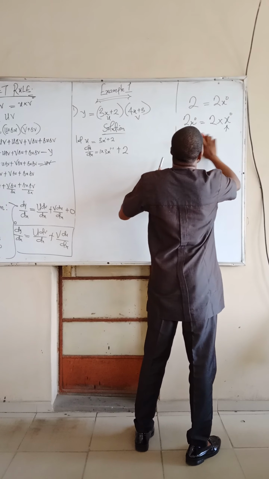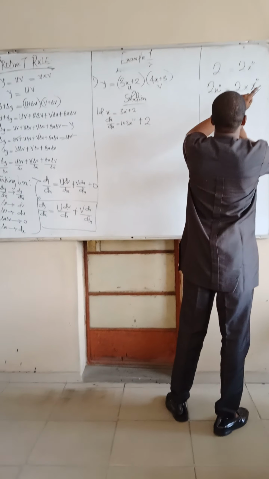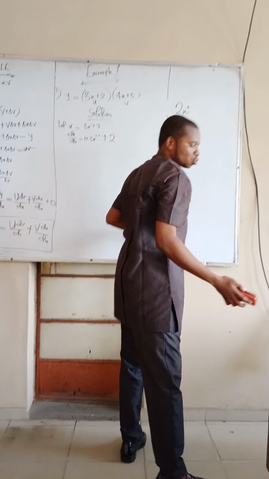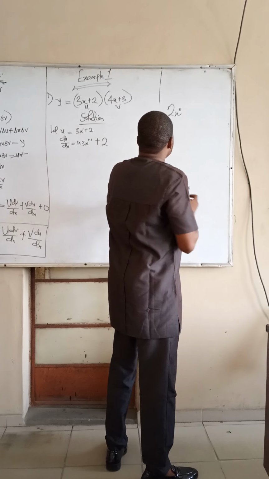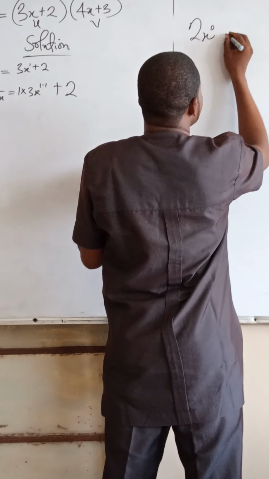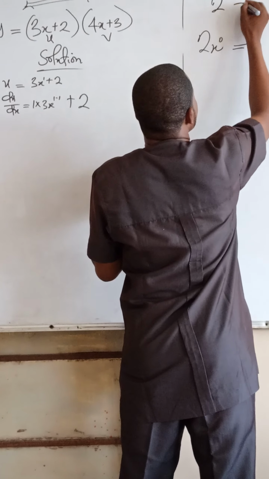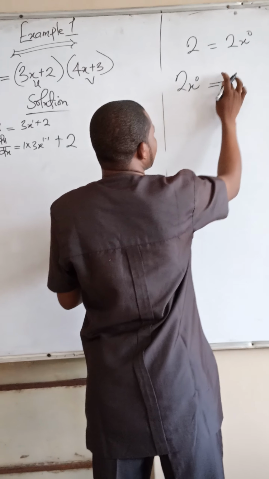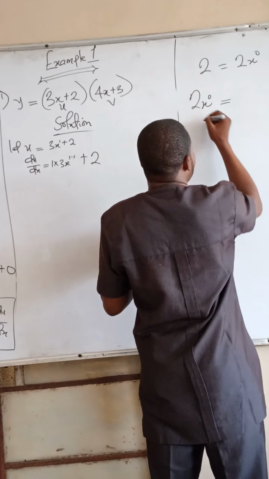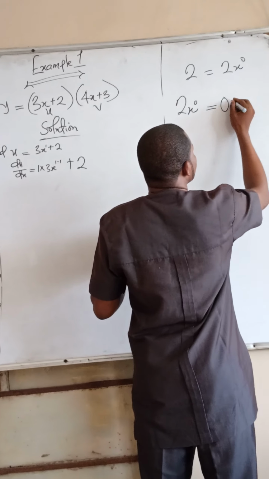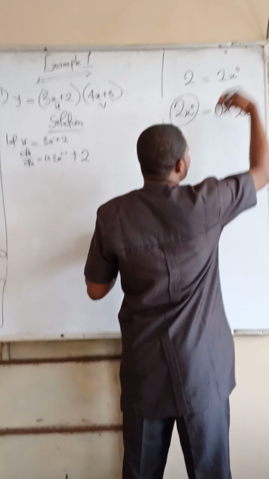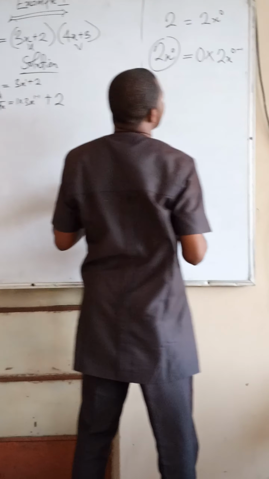So if this principle holds here, 2 is the same thing as 2x raised to power 0. If you now differentiate this, from what I've already taught, our power comes down, becomes 0, times everything here, which is 2x raised to power 0, and then we subtract 1 from our power.